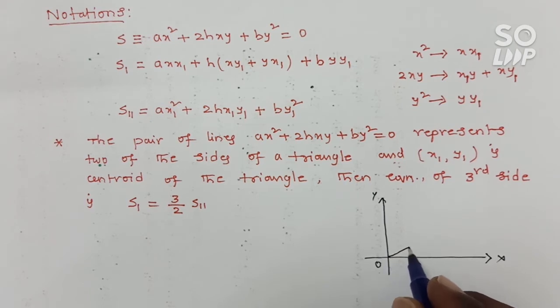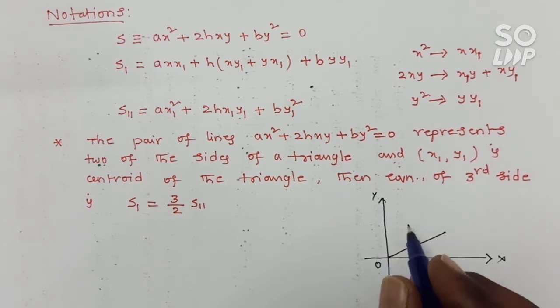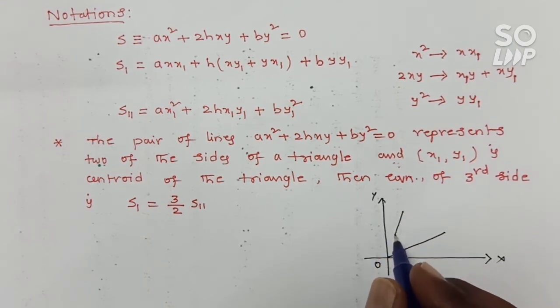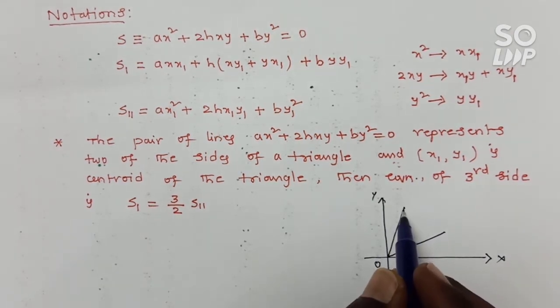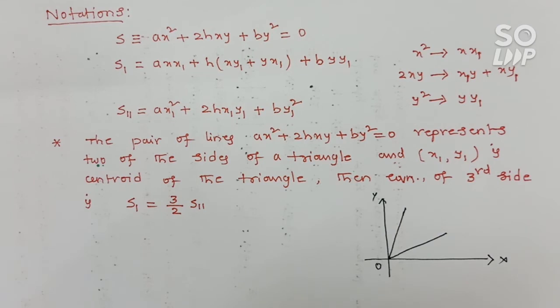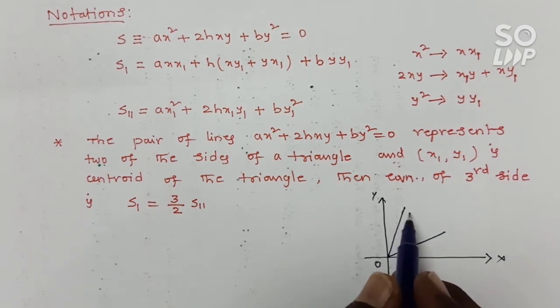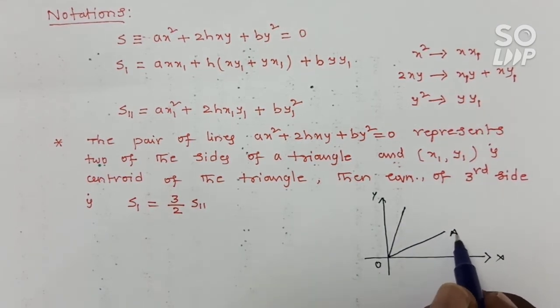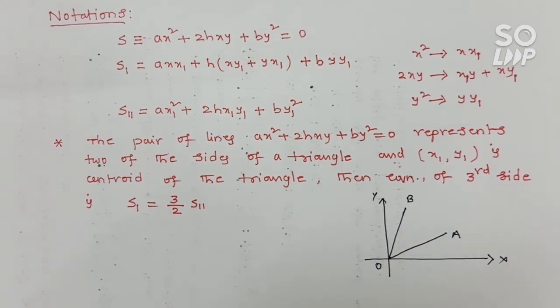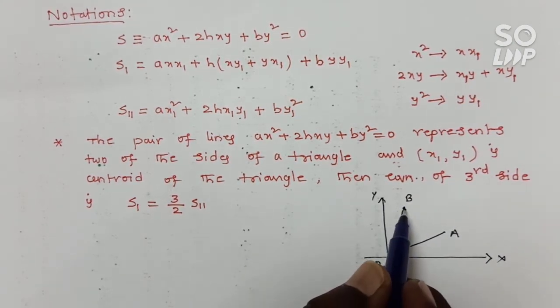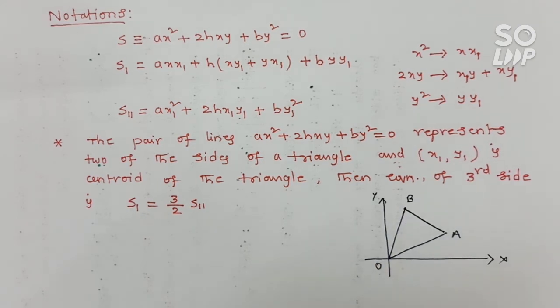We know that a pair of equations represents two lines passing through the origin. These are two sides of the triangle. Let these be A and B. Then what will be the third side? AB is the third side.